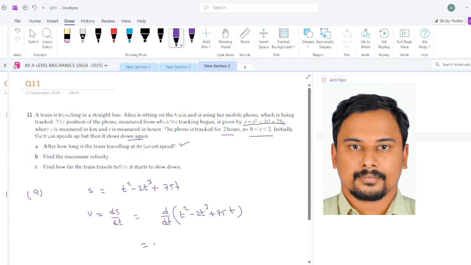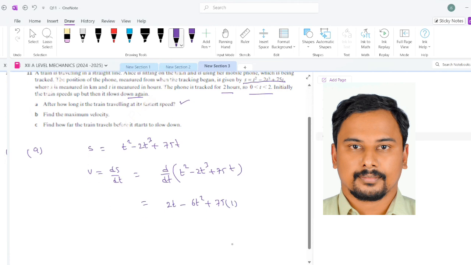Apply differentiation for each term. So t square becomes 2t, minus 2 into t cube. T cube becomes 3t square, and already there is a 2 in front of it, so minus 6t square, plus 75 into 1, because derivative of t by dt is 1. So this is the velocity equation.